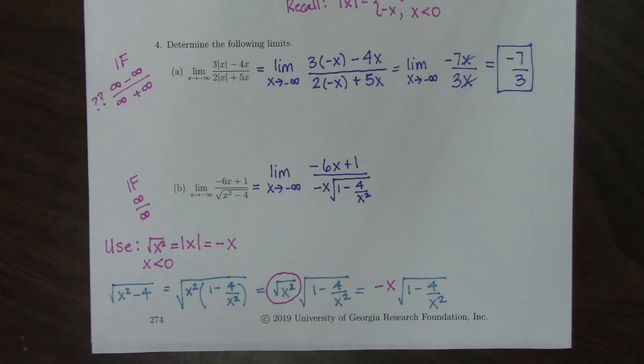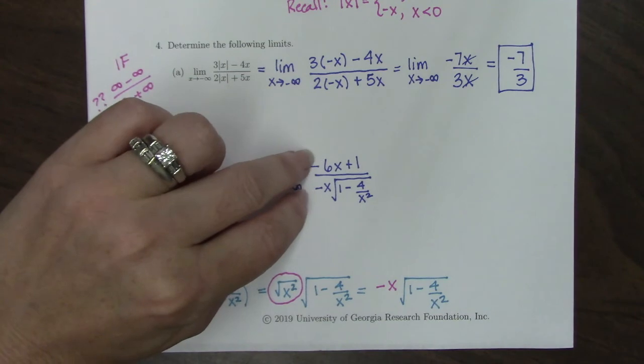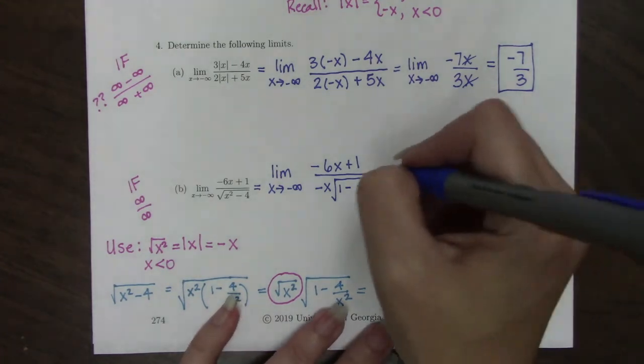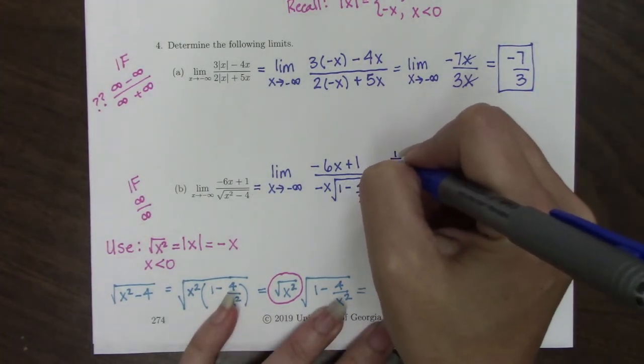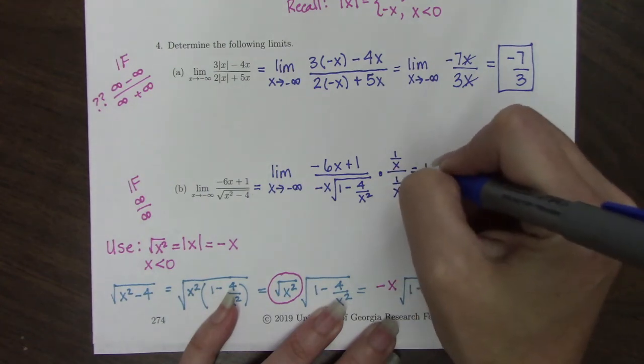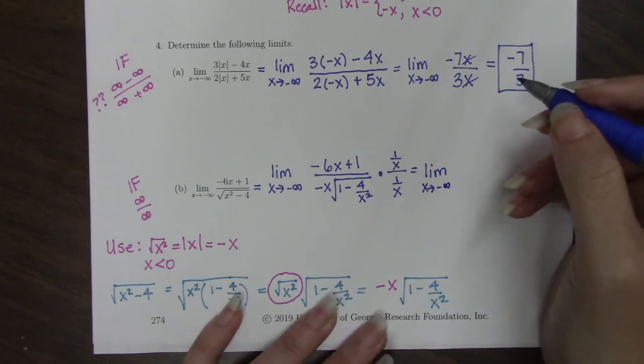Now I'm still in an infinity over infinity situation here, but I can invoke my powers limit, and I see that the highest power of x in the numerator and denominator is just 1. So I can actually multiply this by 1 over x over 1 over x. So now I get the limit as x goes to negative infinity.